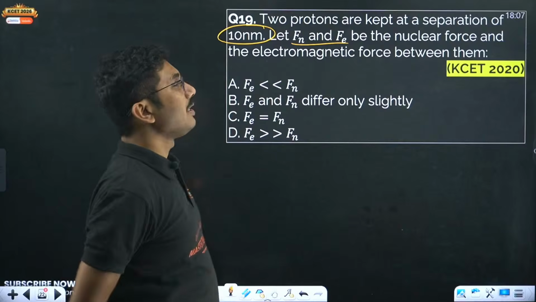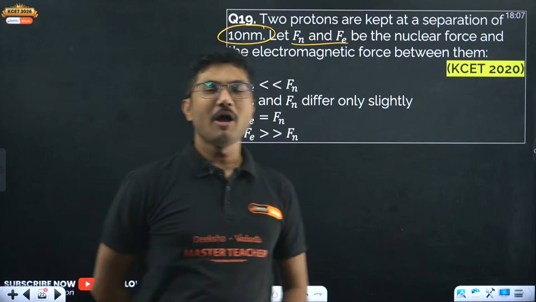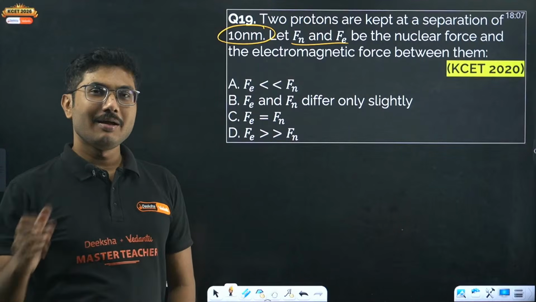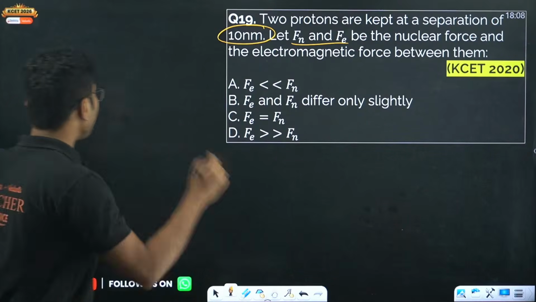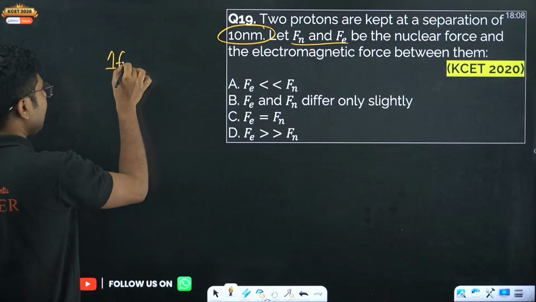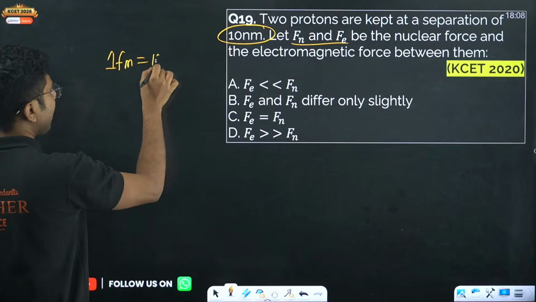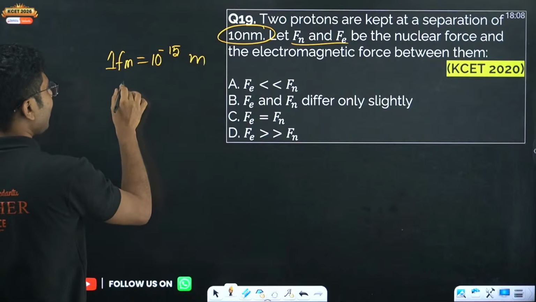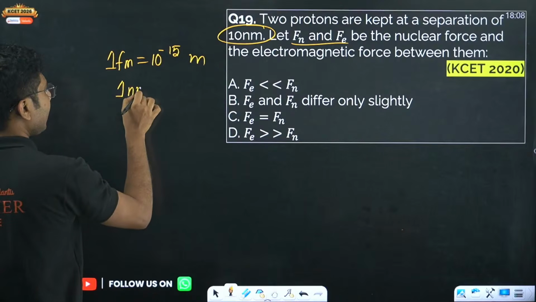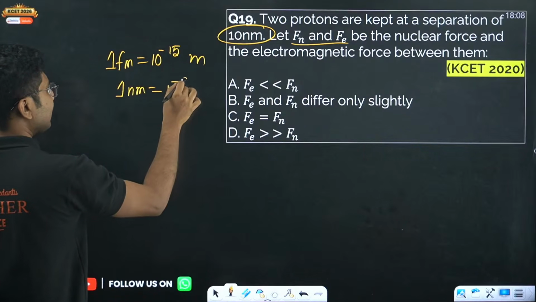We know that nuclear force is strong when the distance between nucleons is 0.8 to 2 fermi. What is 1 fermi? That is 10 to the power of minus 15 meter, whereas 1 nanometer is 10 to the power of minus 9 meter.